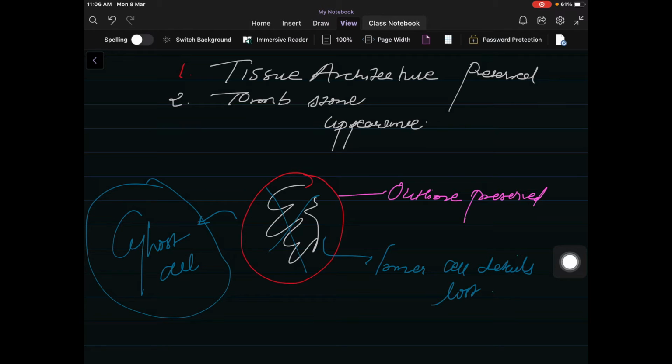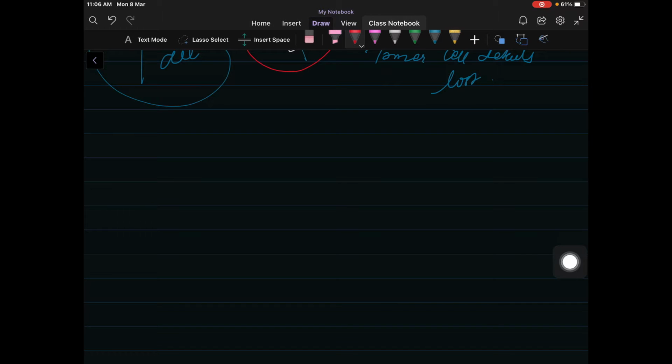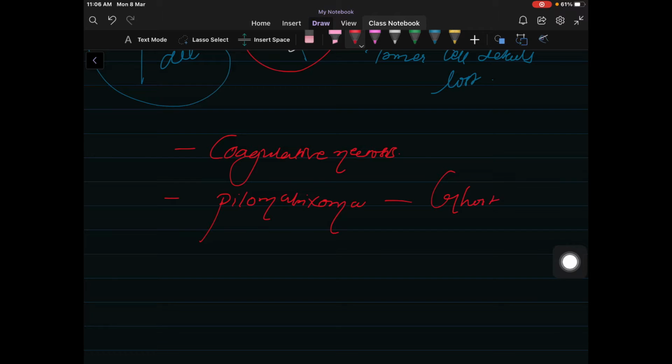So the main difference between the ghost cell and the tombstone appearance: both occur in the coagulative type of necrosis, but the ghost cell can also be found in pilomatrixoma.